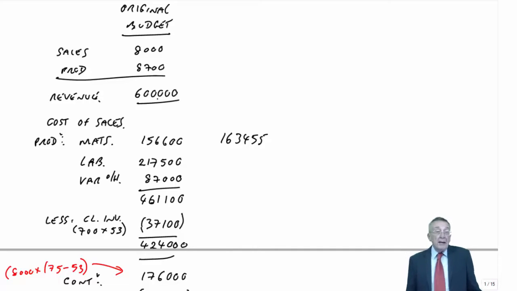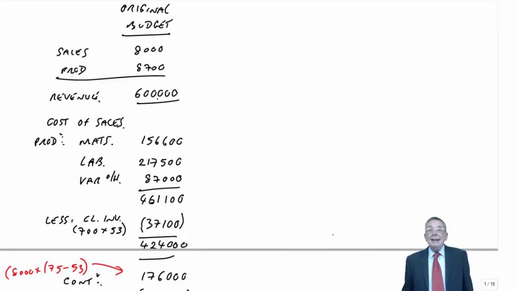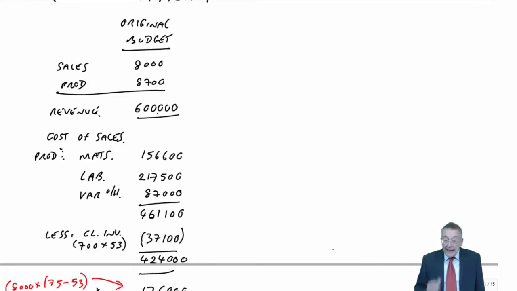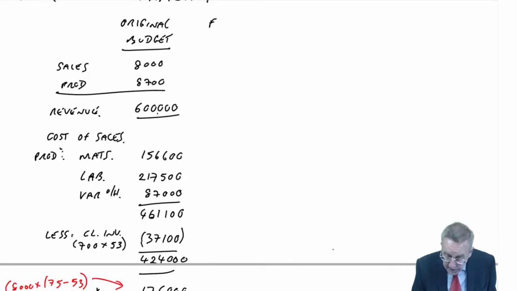Again, produce more, you're bound to expect to spend more. And so to compare with the original budget is going to be rather stupid. To make sense of it, what we now do, effectively, is rewrite the budget for the actual levels of activity. We'll produce what we call a flexed budget.